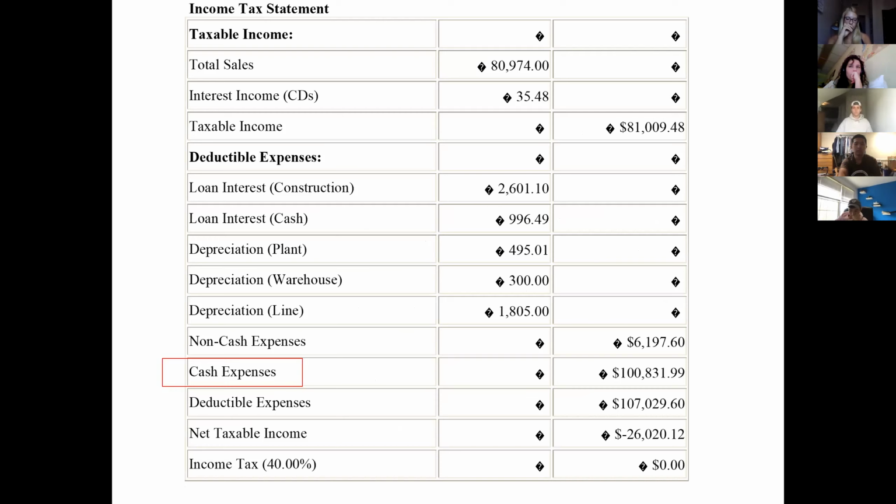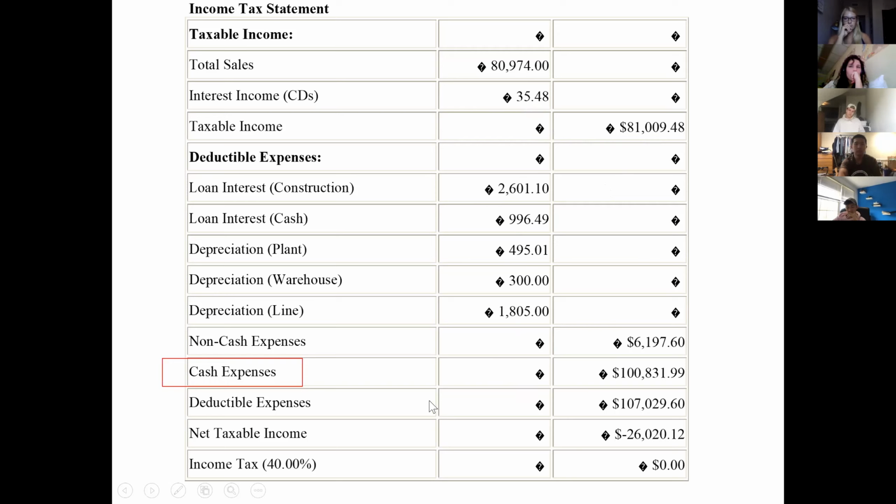So you'll see an income tax statement every period as well in your company report. So here's all the things. Total sales. So you made money selling CD racks, you sold some CDs. You had a total taxable income, but you had also all of these deductible expenses.